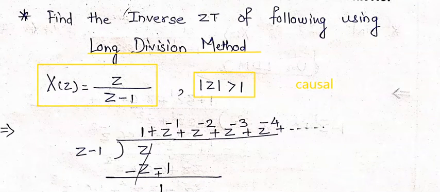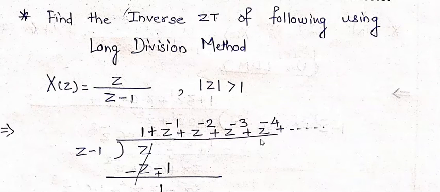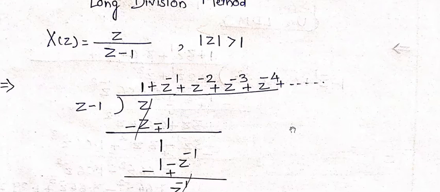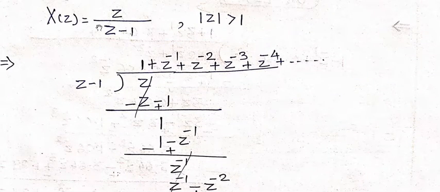Now let's move to the problem statement, as it is provided that it is the long division method. This is the method we need to understand. In the long division method, if you are able to recall simple division, since it is z by z minus 1, we are dividing z by the z minus 1 term.